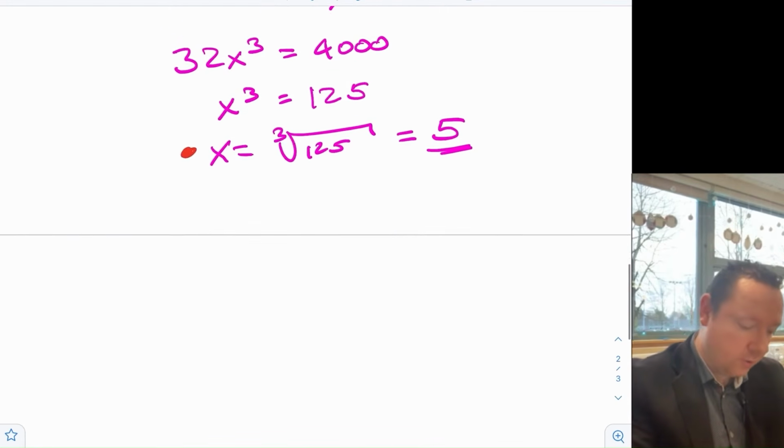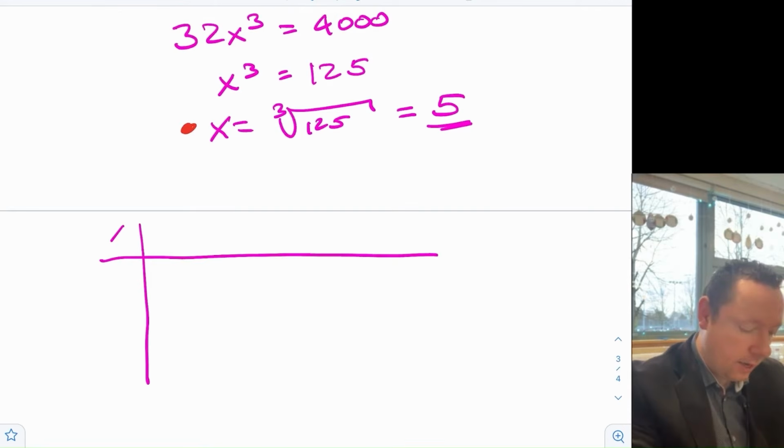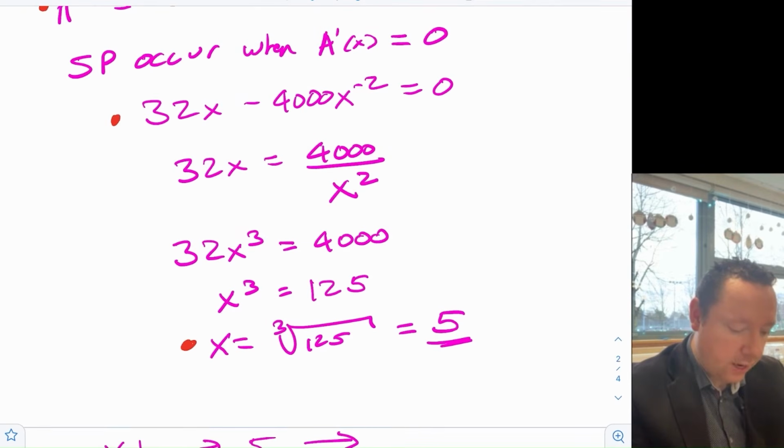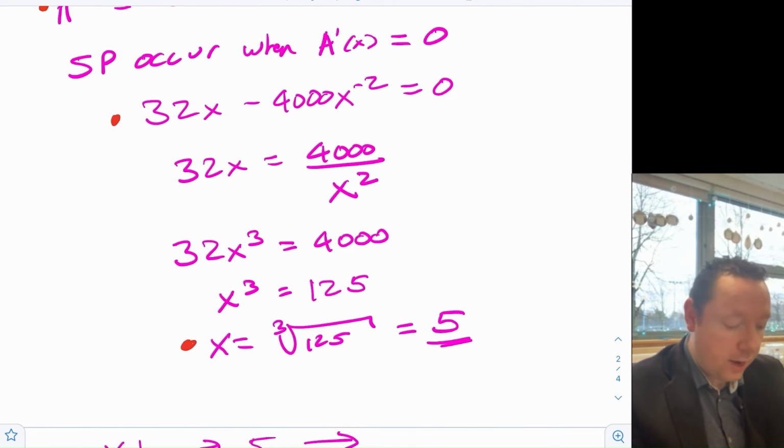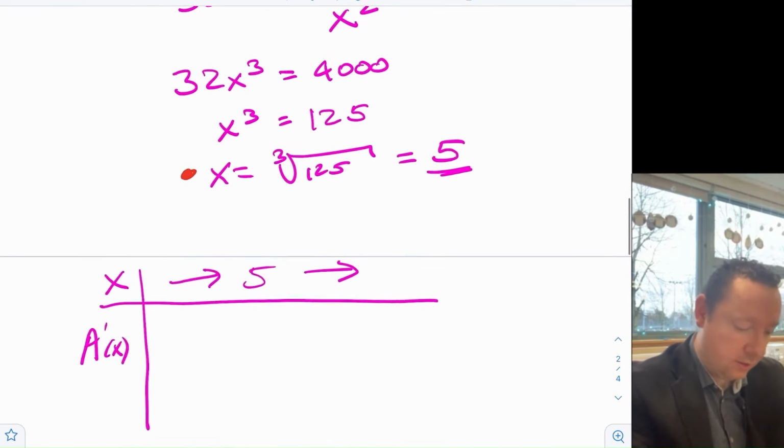So let's do our table of signs just to show that. x, going along 5, and we're going along A dash of x, so a number less than 5, but not 0, because 0 is undefined. Then if you picked 1, say, you would get 32 minus 4,000 over 1. That's a negative.